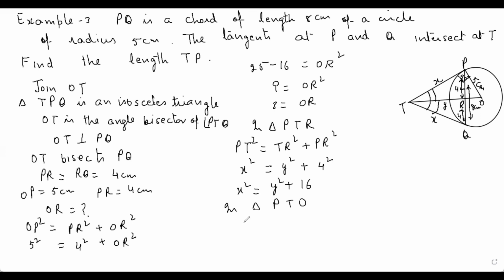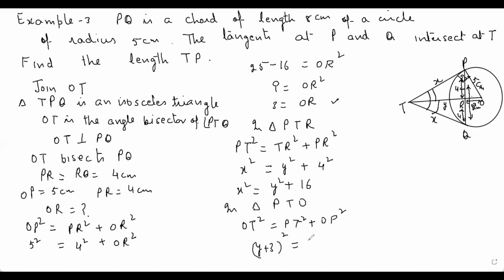It means OT square is equal to PT square plus OP square. Now what is OT? That is Y plus 3. This length is 3. OR is 3. So OT is Y plus 3 because OR is 3. Y plus 3 whole square.